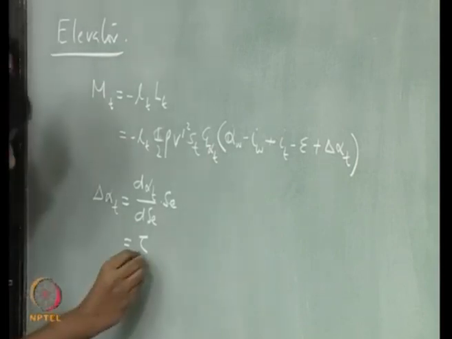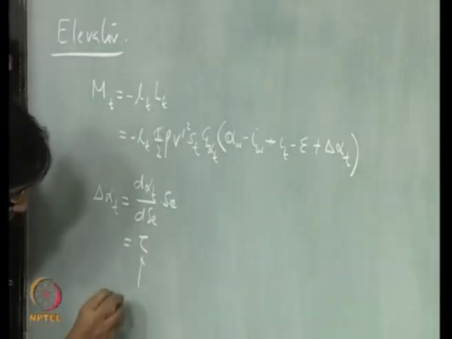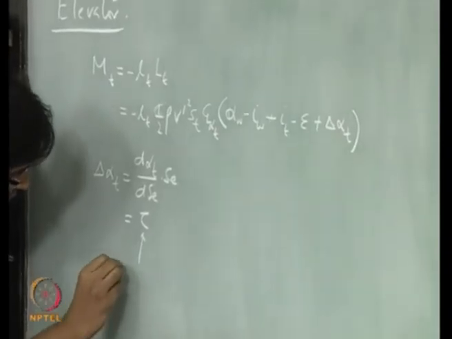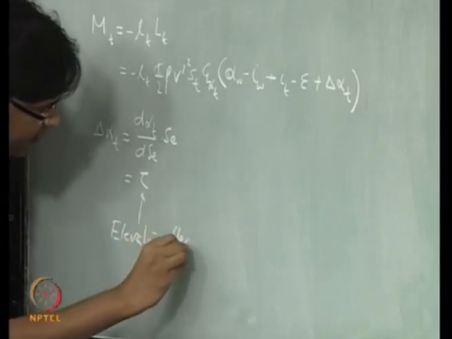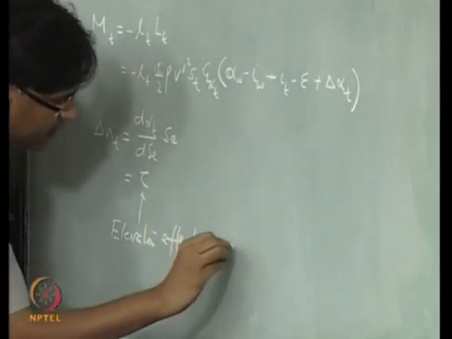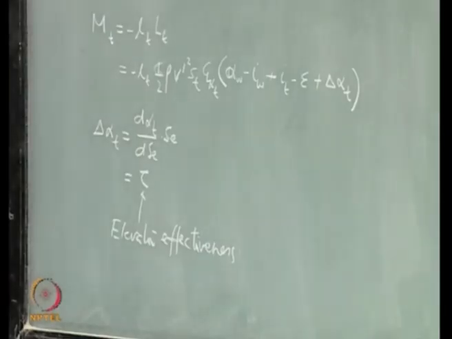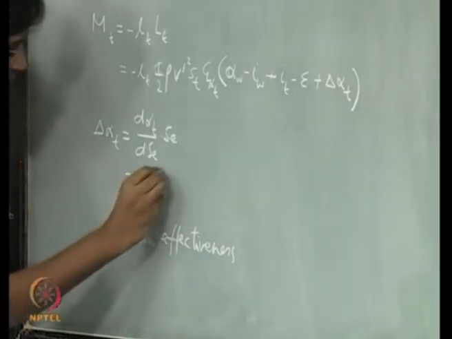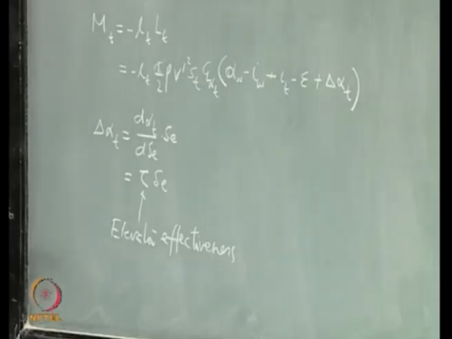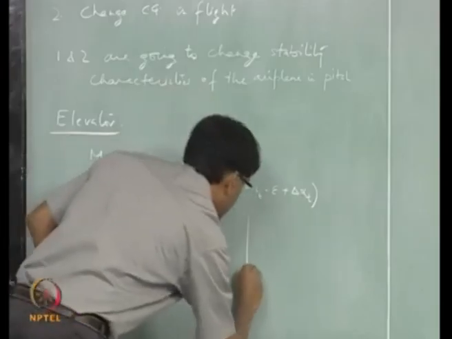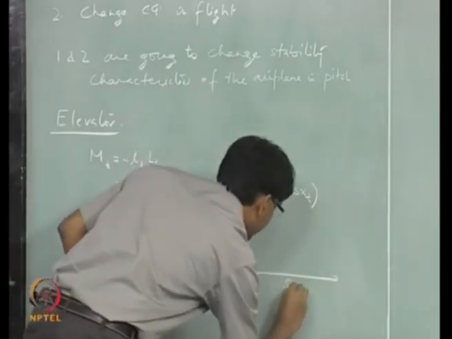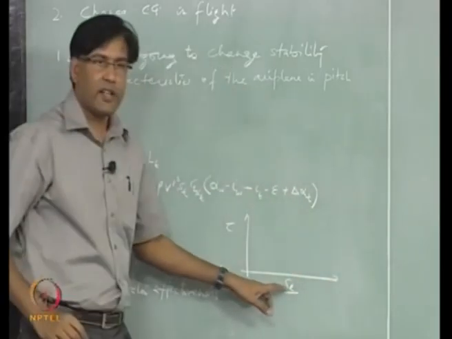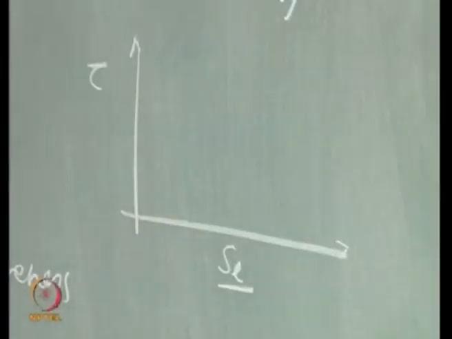Okay, and it is called elevator effectiveness, and this depends upon SE, the platform area of the elevator part. So, only the control part.